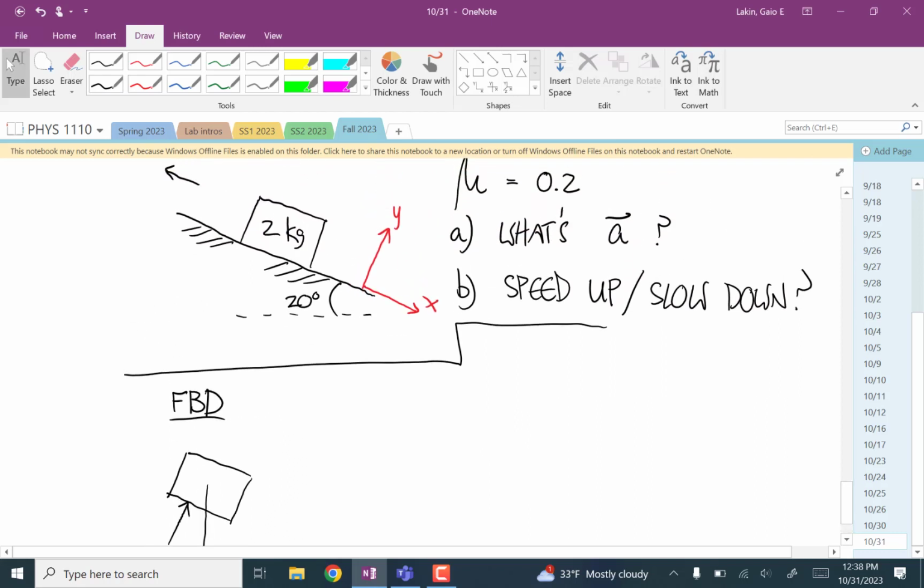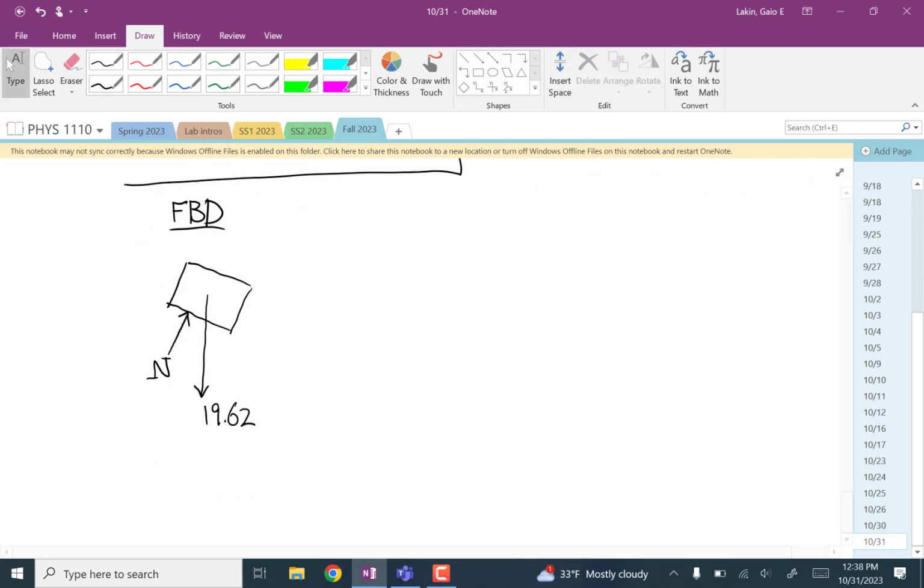And then last, there's a friction force, and that friction force is always opposite the direction that the thing is moving. So in this case, that friction force is this way. And the magnitude of this is the coefficient times that force pushing these two together.